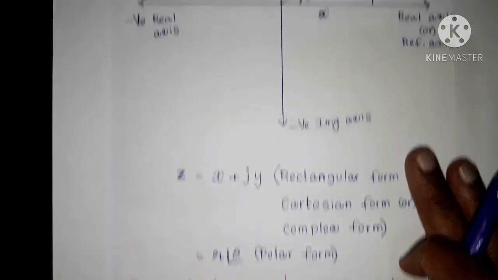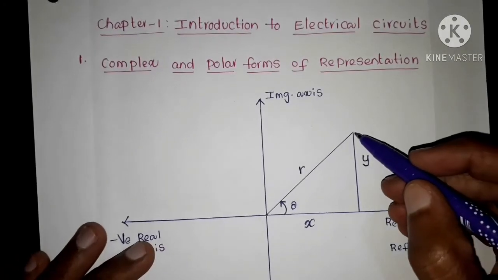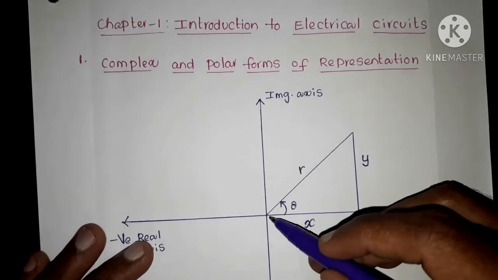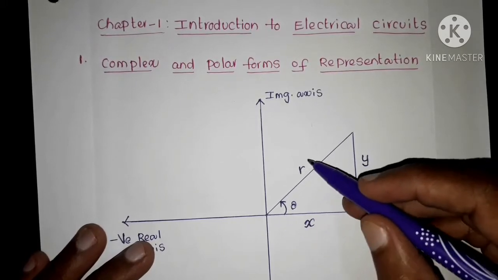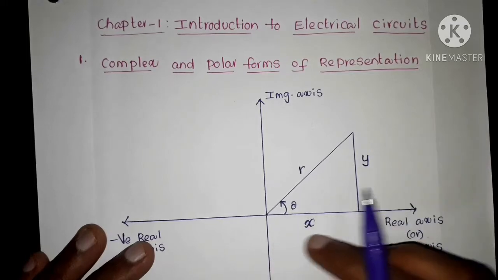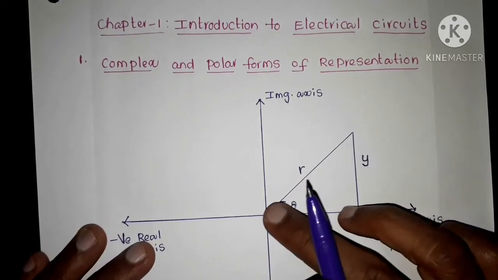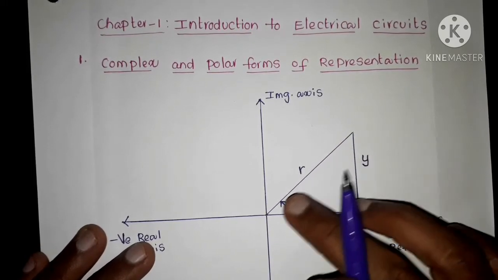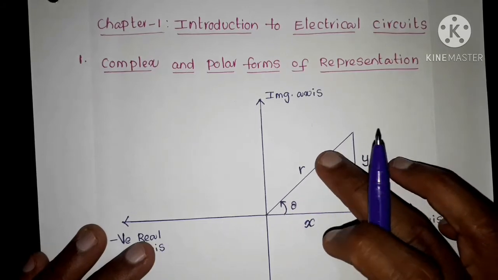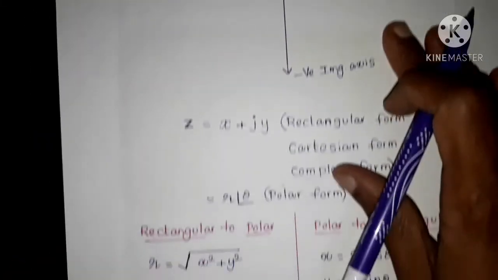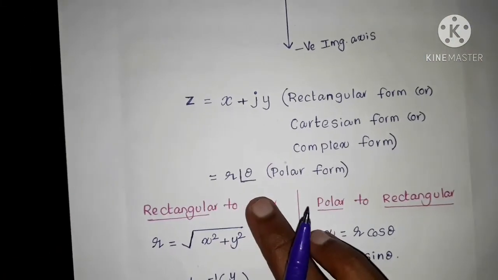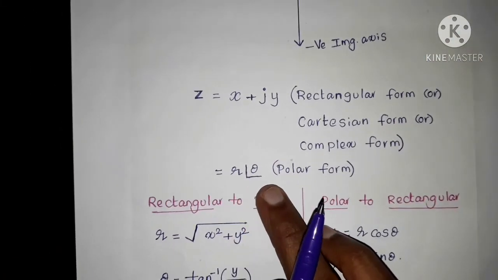Similarly, the same point coordinate we can represent in the form of r and theta. r is the resultant of x and y, and theta is the angle this vector makes with the reference axis. So here the same z can be represented as r at an angle of theta.